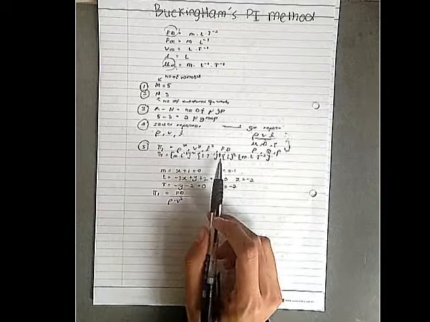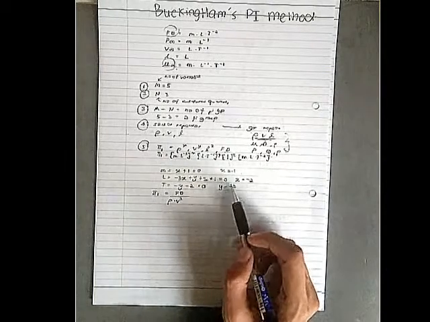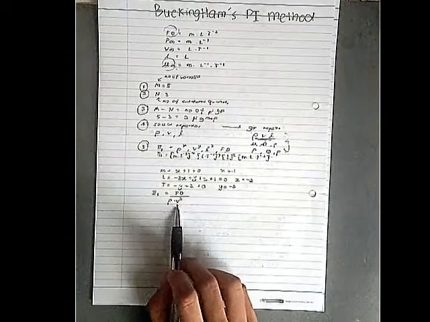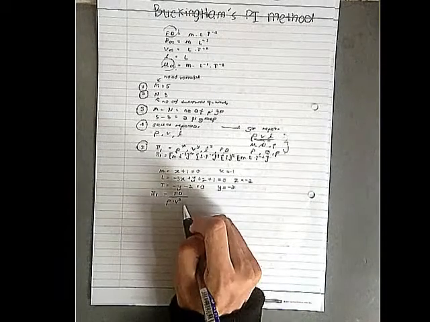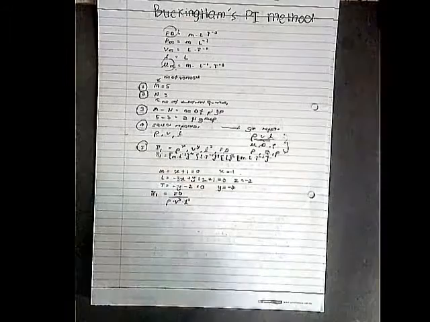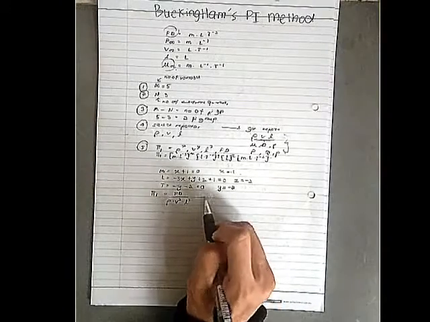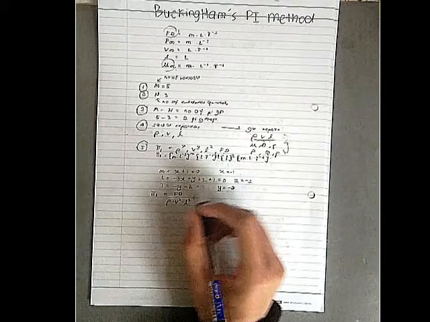Sorry, my mistake, y is 2, so we can just put it here, and z is negative 2 also, so we can also put it here: L squared. We have already done our first equation of pi 1.